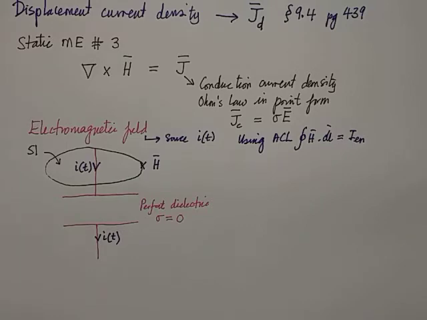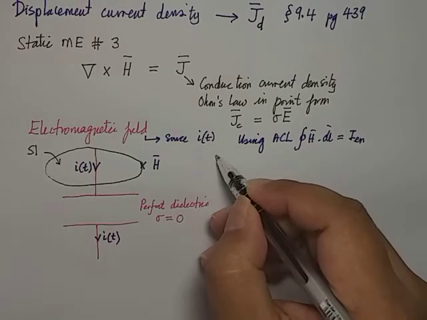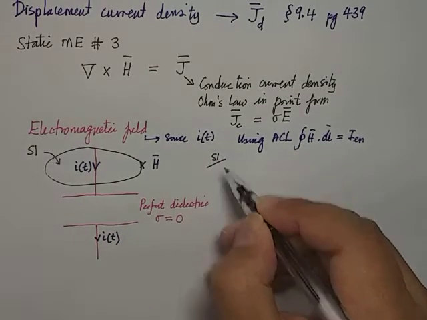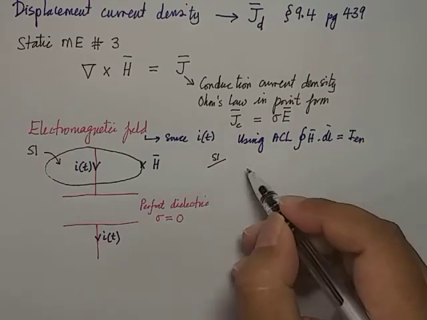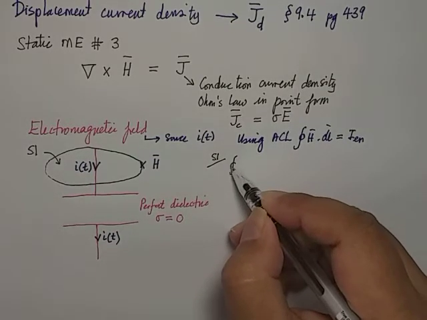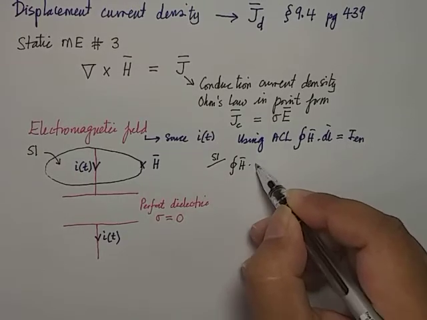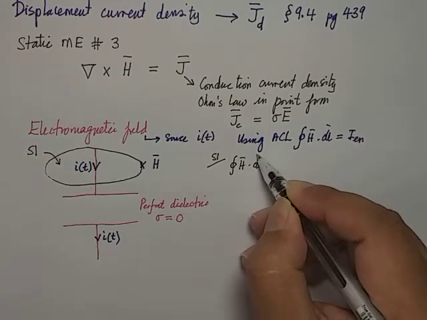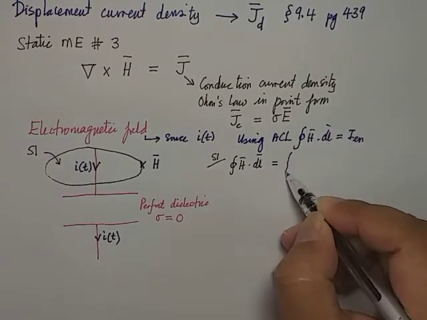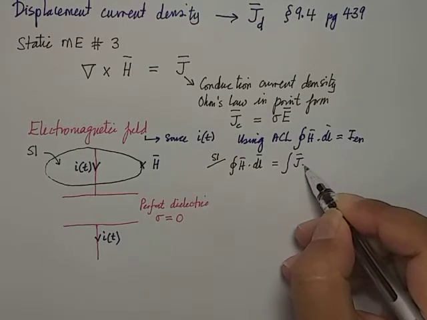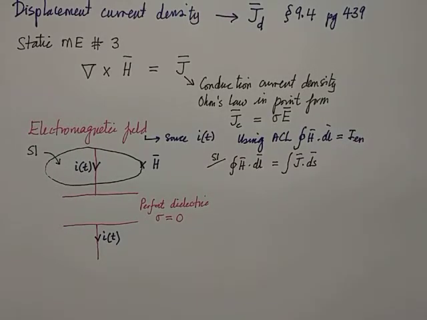Okay, so let's do that model based on surface number 1 now. Surface 1 analysis: we're going to say that H dot dl is going to be equal to I enclosed, the integral of J dot ds.